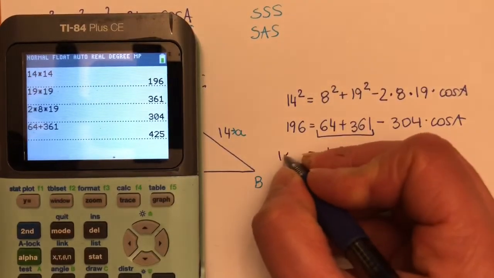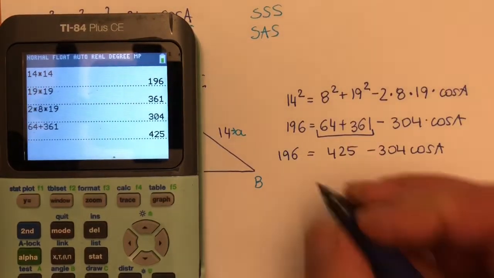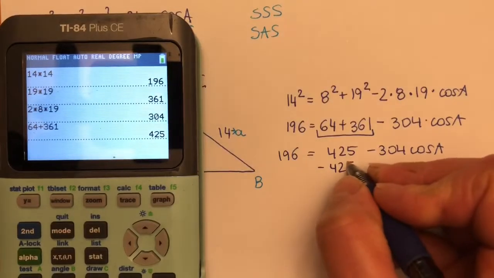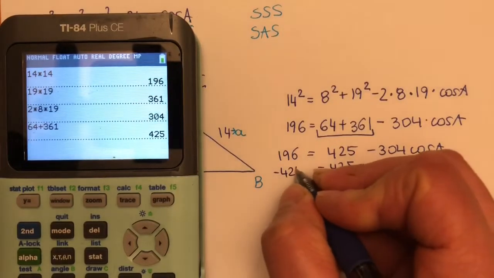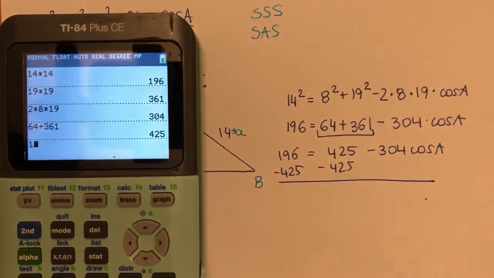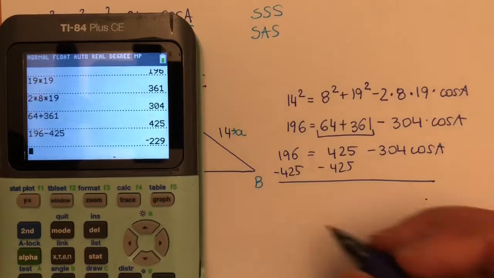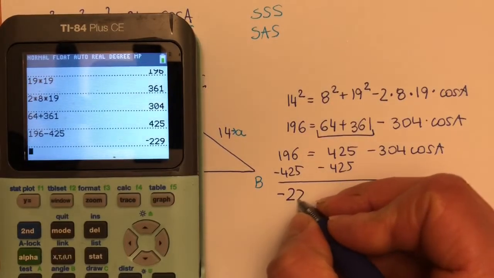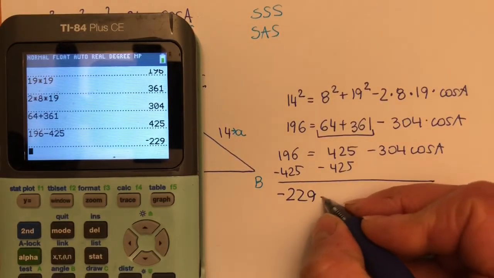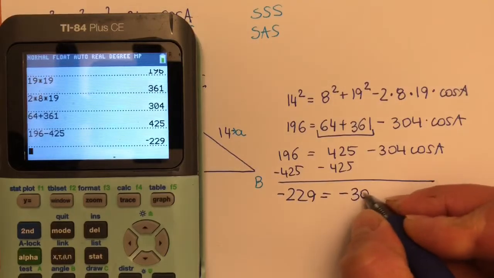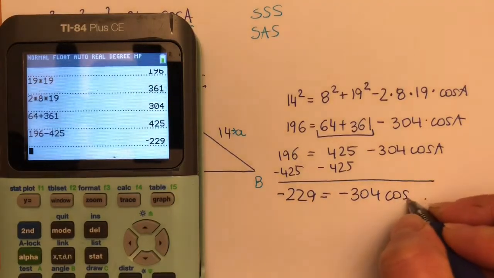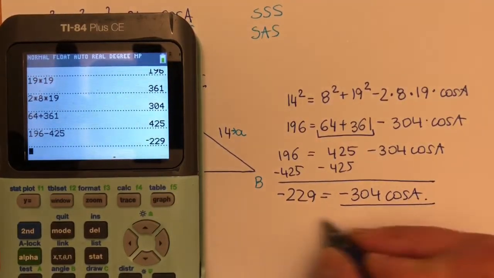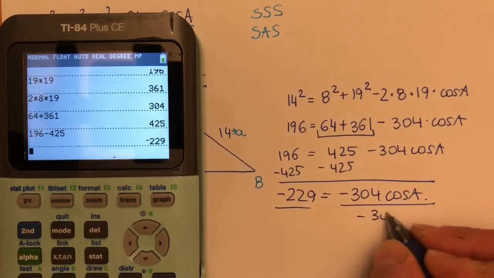It's equivalent to 196. Minus 425 from both sides, that is going to give me negative 229. Divide both sides by negative 304.